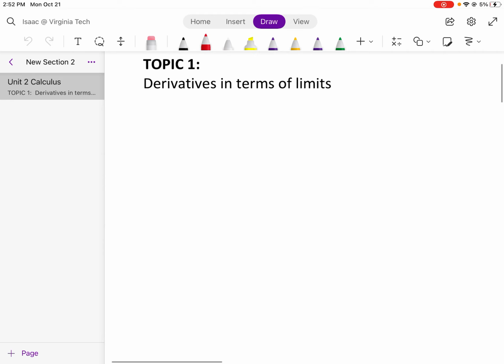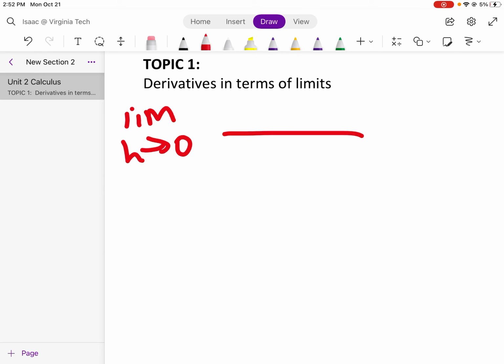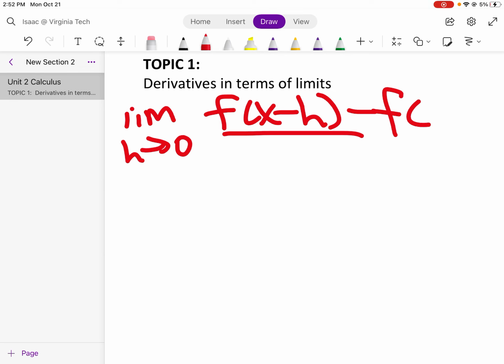Well, first of all, remember in the last unit, I'm not sure if I made a video on this or not, so I apologize if I didn't, but we talked about how you can have something that looks like this. So what would this actually mean right here?